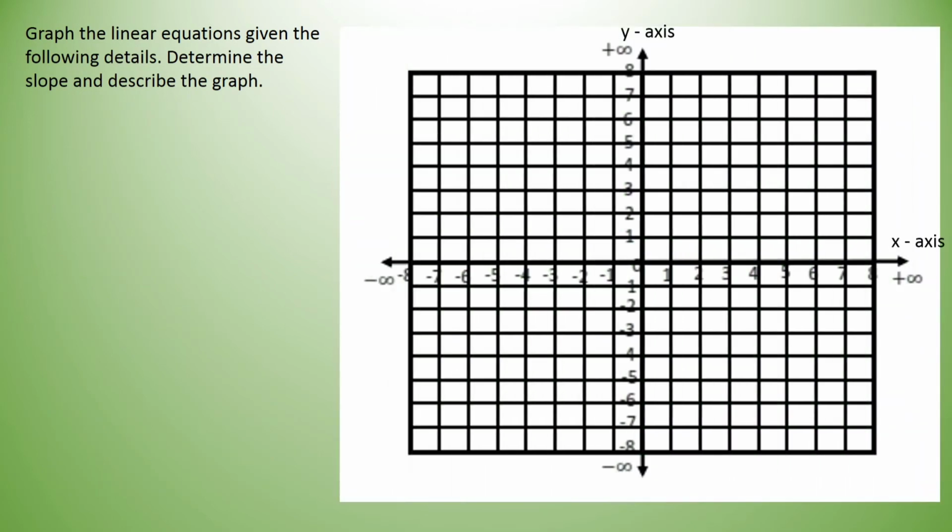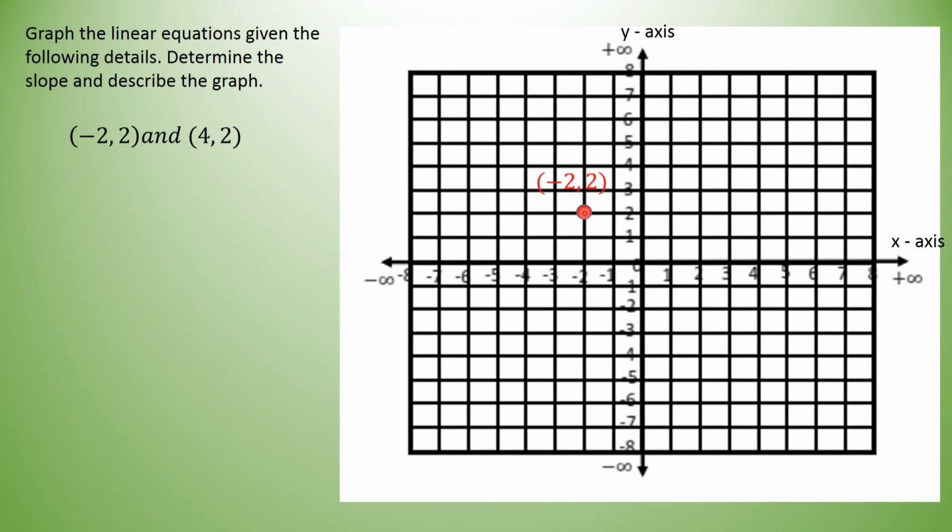Another example, given here negative 2, 2, and 4, 2. Okay, so let us plot the first ordered pair. Negative 2 sa ating x-axis and then positive 2 sa y-axis. So, this is our first point.